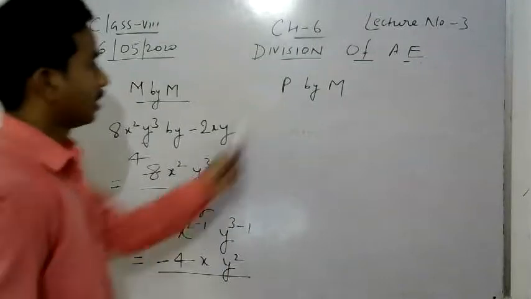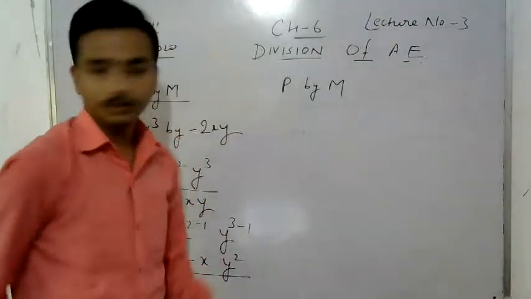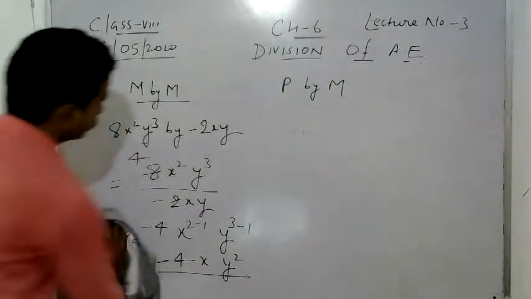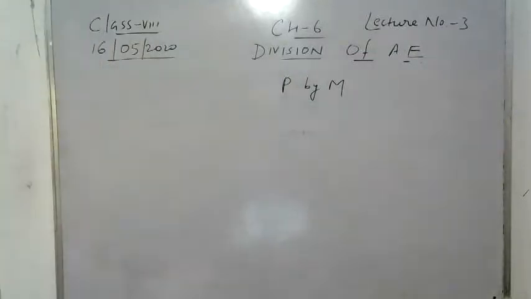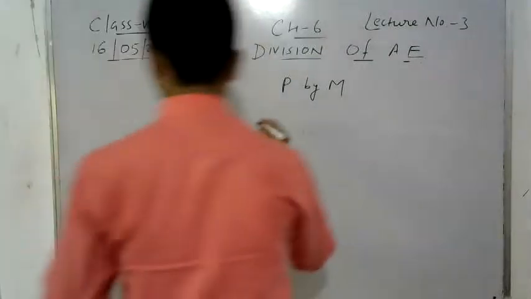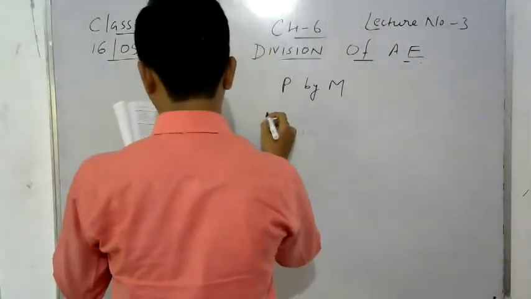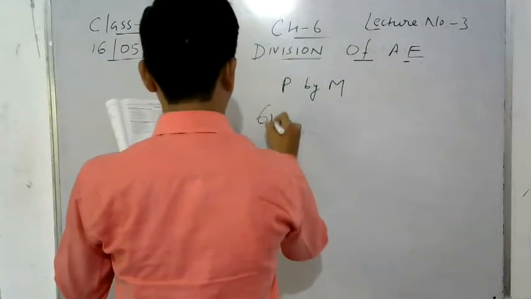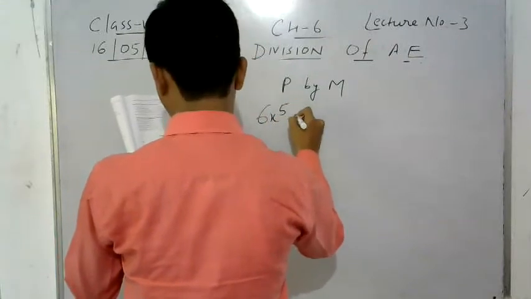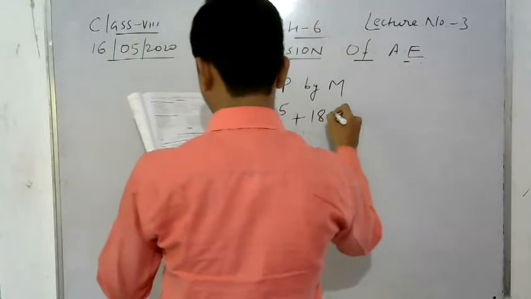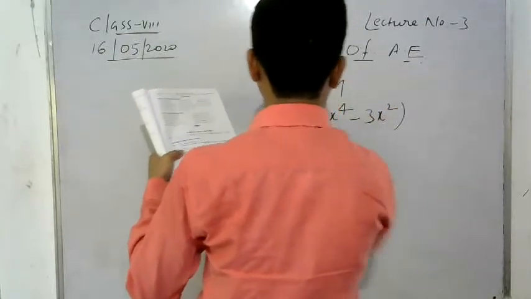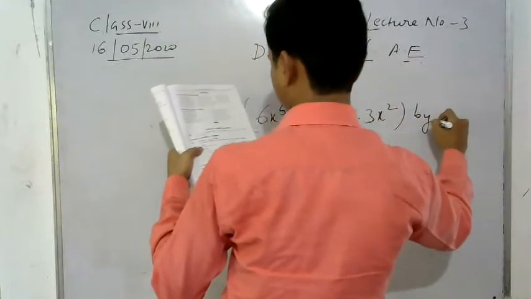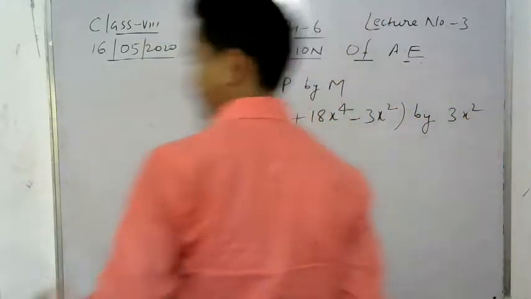Now we will see how to divide polynomial by monomial. Here we have 6x to the power 5 plus 18x to the power 4 minus 3x square, divided by 3x square.